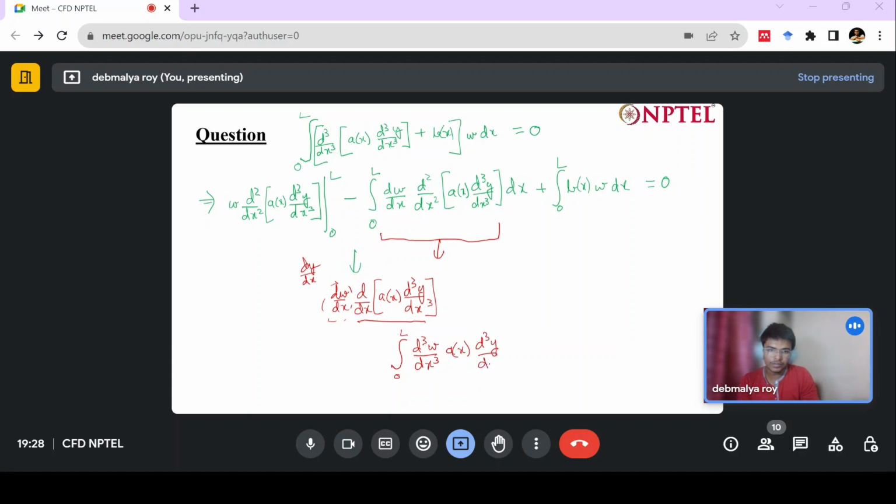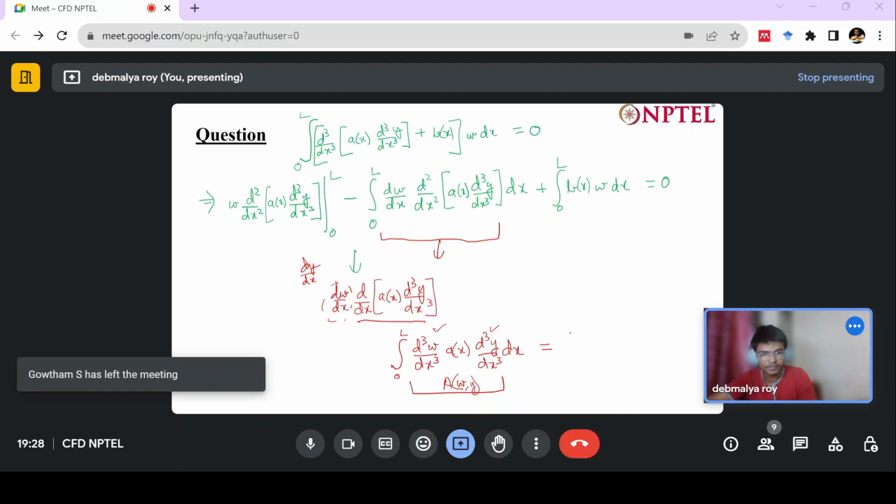this particular term, we have already discussed, should be a bilinear operator, which is symmetric and positive. So to satisfy those conditions, basically, we need to have the same order of derivative both for w and y. That's why we need to do this derivative three times to come to the proper weak form.